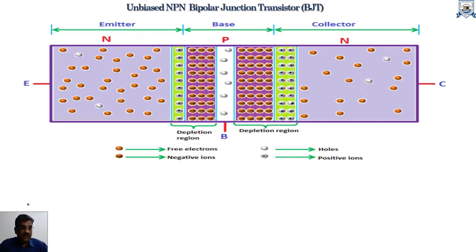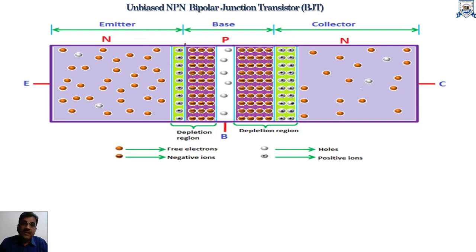When the emitter, base and collector junctions are open, this condition is called the unbiased condition. It means no external voltage source is applied across the junction. As soon as the junction is formed, the process of diffusion starts and a barrier height is created, or a depletion layer is formed, that restricts the movement of charge carriers from a region of high concentration to lower concentration.